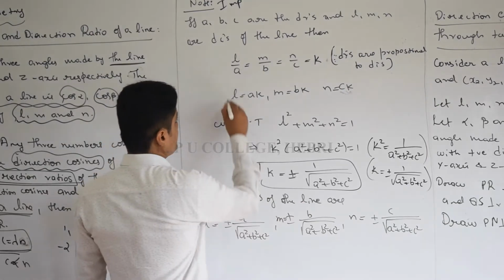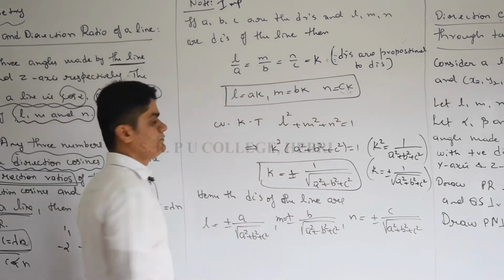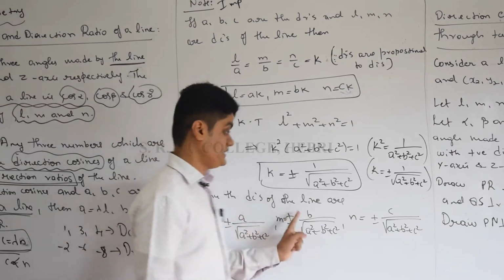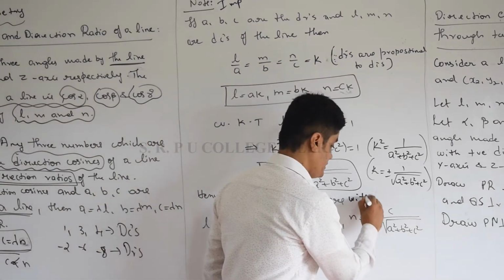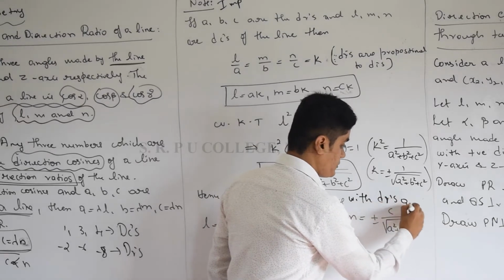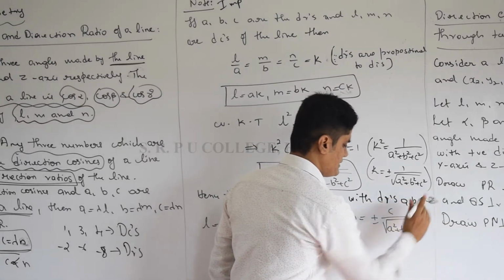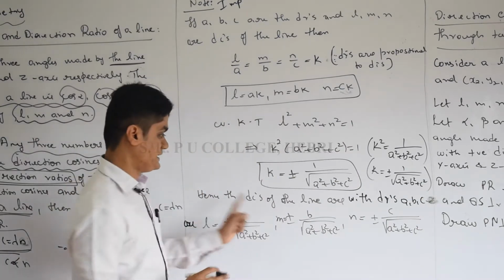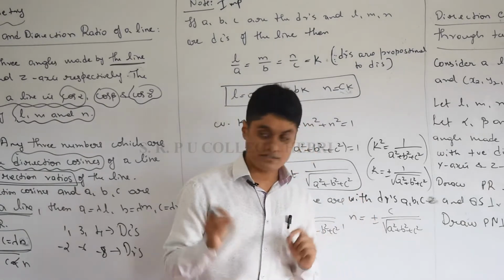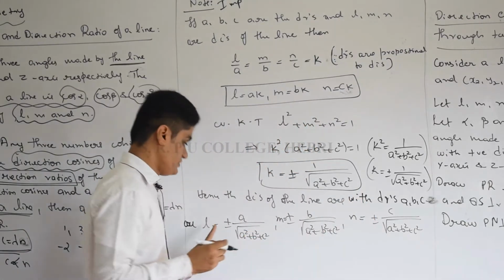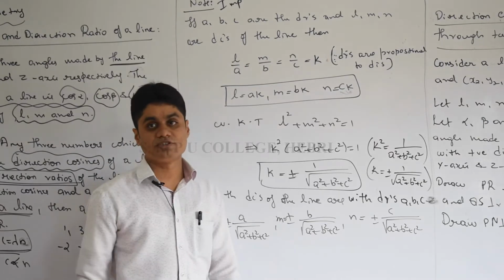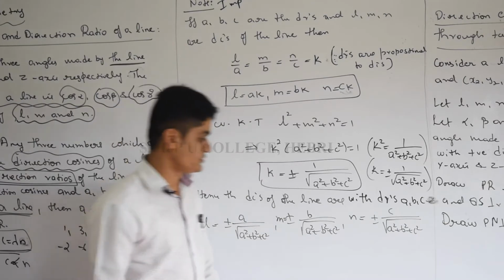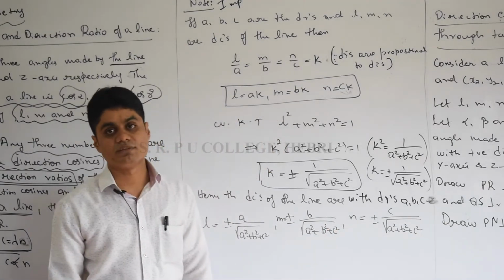Now substitute this expression here. Therefore, the direction cosines of the line with direction ratios A, B, C are L is equal to plus or minus A by root of A square plus B square plus C square, M is equal to plus or minus B by root of A square plus B square plus C square, N is equal to plus or minus C by root of A square plus B square plus C square.